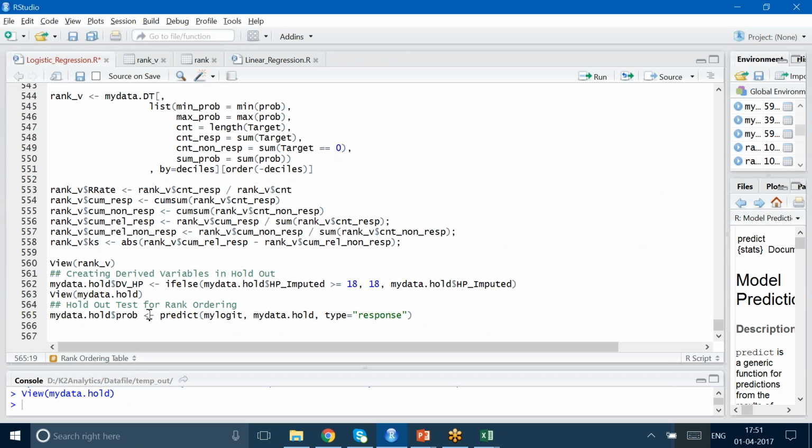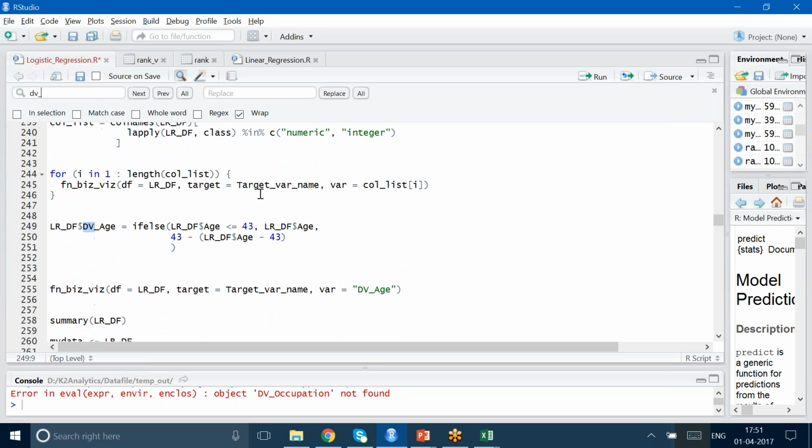I know occupation imputed is not there, but DV occupation not found. What the point I'm trying to show is, the variables which were there as part of the final model, if same name variables are not available, scoring is not going to happen. So I have to find DV occupation code also.